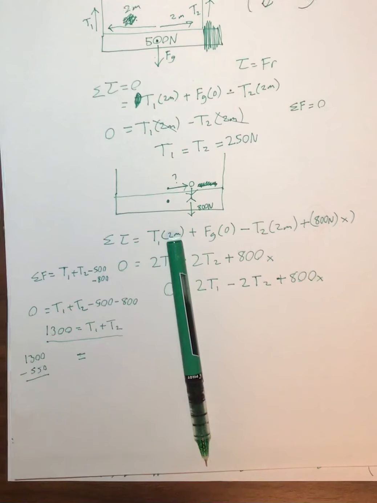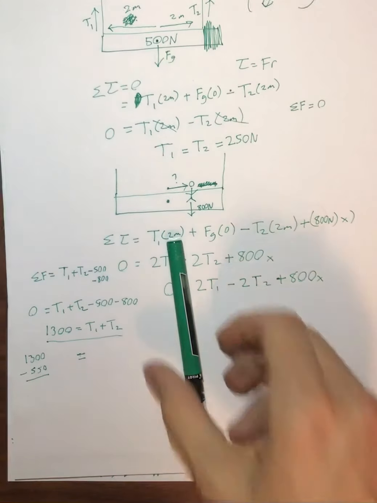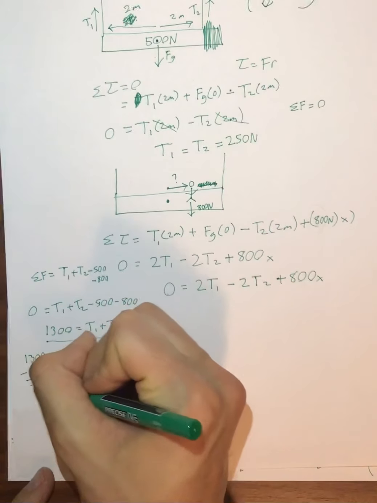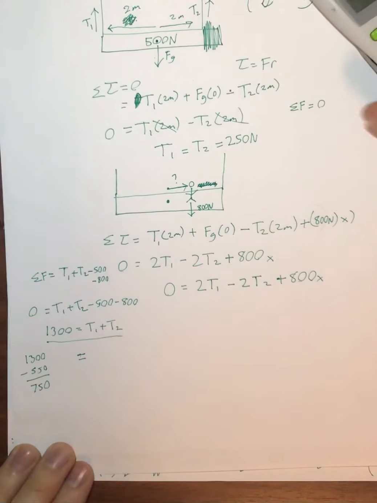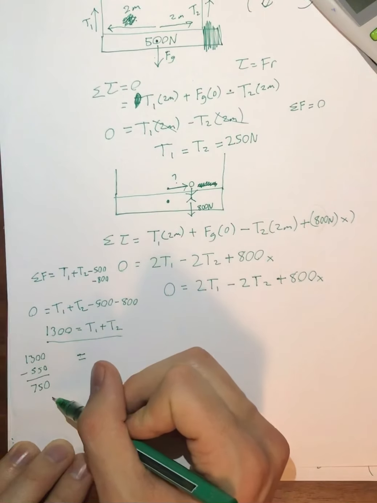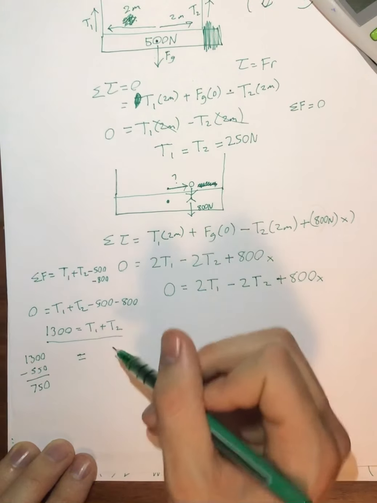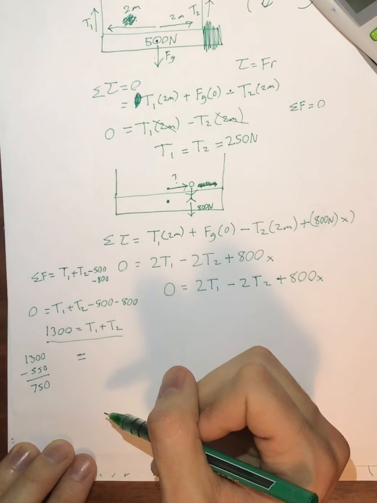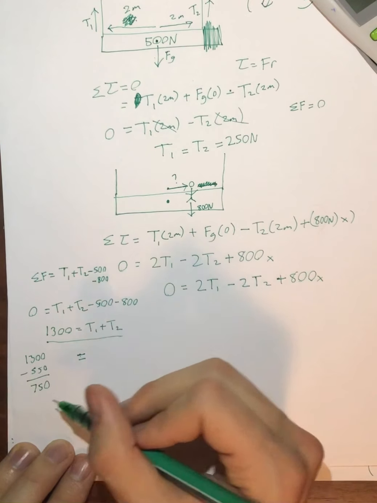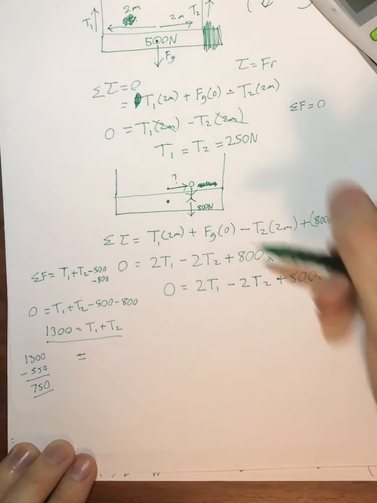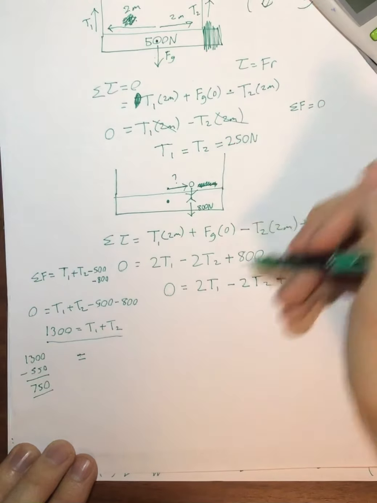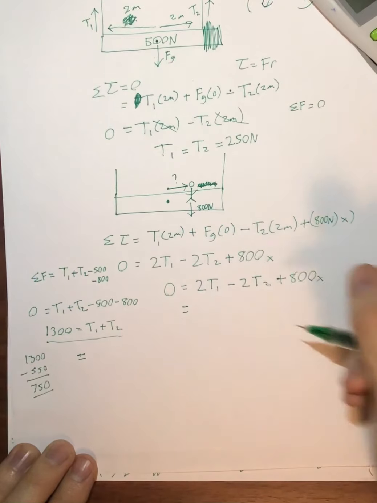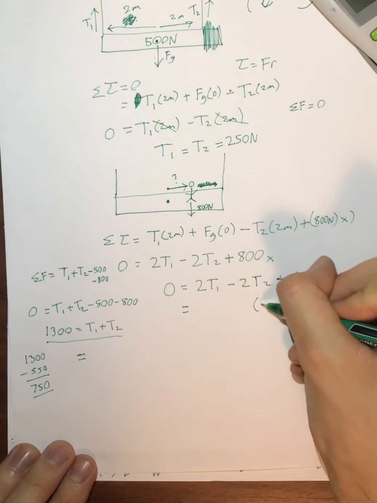So 1300 minus 550 gives us 750, okay? So if one of the tensions is 750 and the other one's 550, 750 is obviously bigger. That's got to be the one that's closer to the guy. So in this situation where I drew him here, it's actually T2 that's going to be this 750.